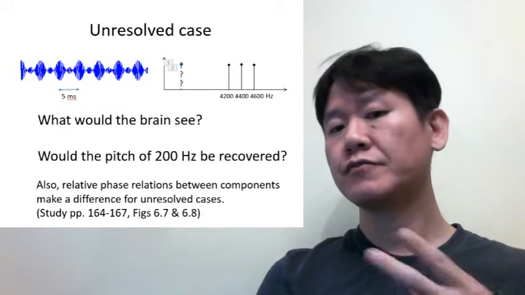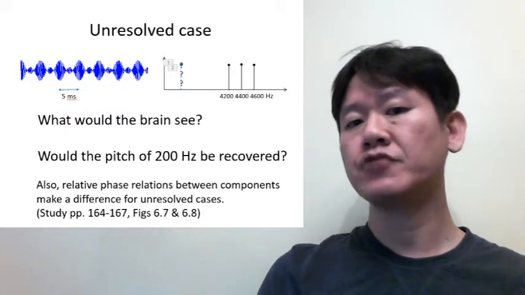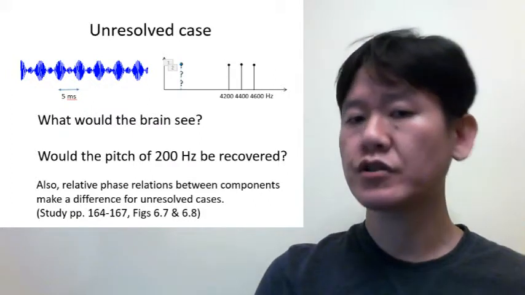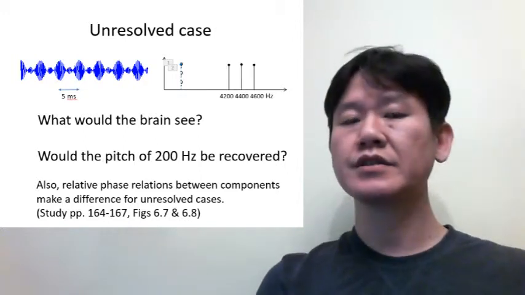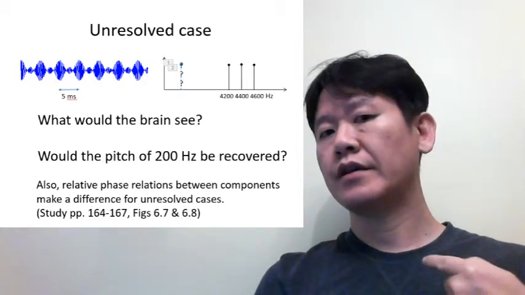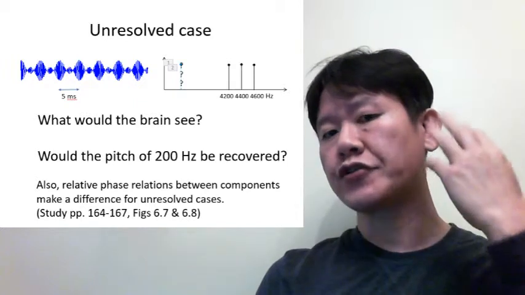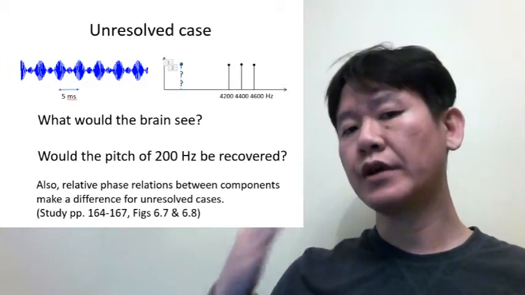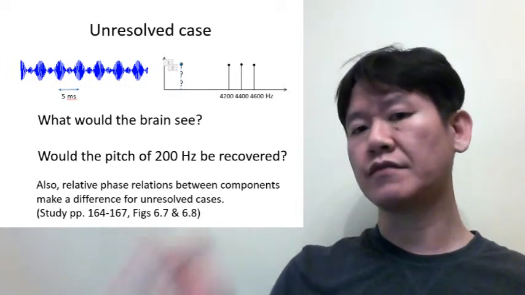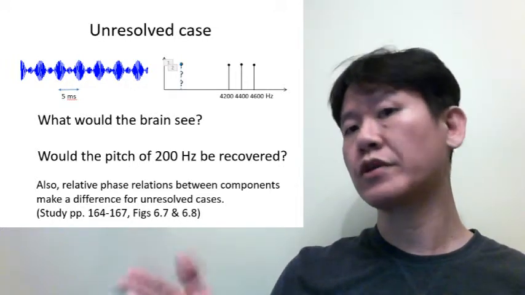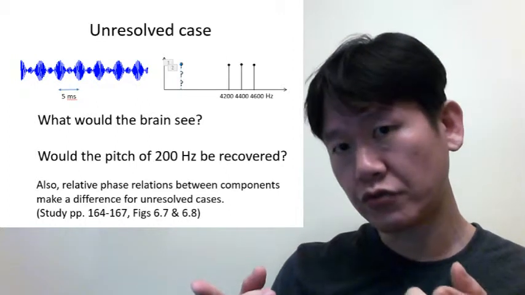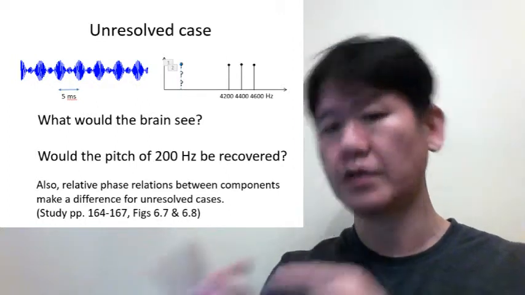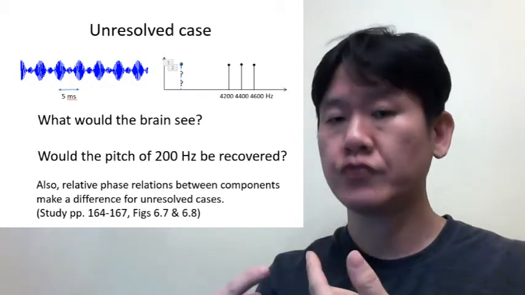Remember, two mechanisms of pitch: place pitch and temporal periodicity pitch. In this case, if the auditory nerve or the brain follows this periodicity of the waveform, which is 5 milliseconds, that corresponds to 1/5 millisecond, which is 200 hertz.